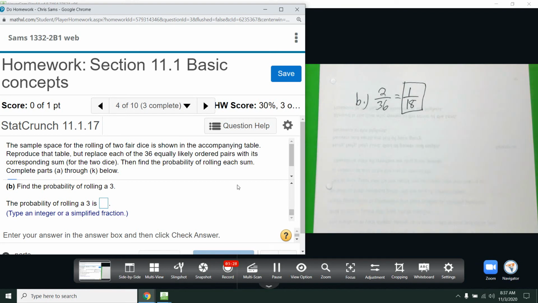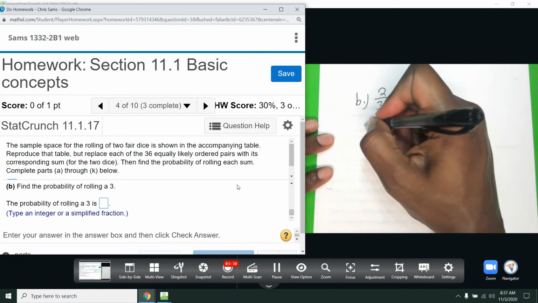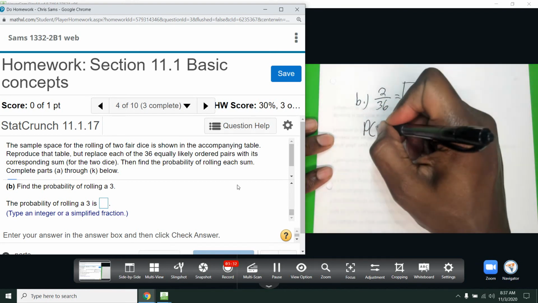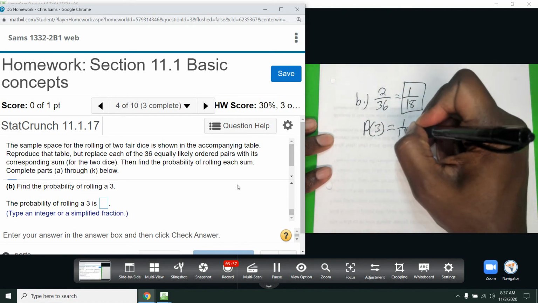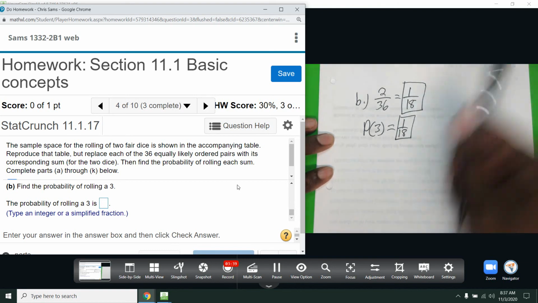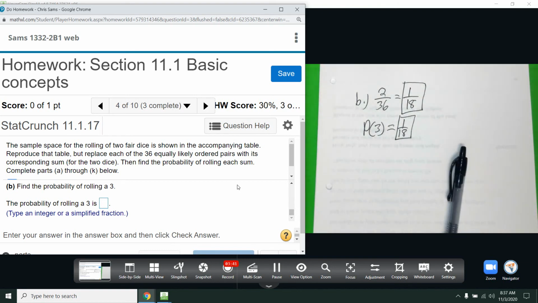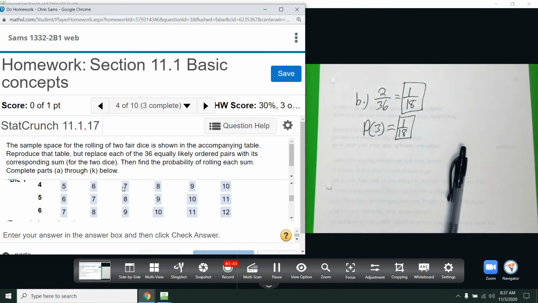I could have written probability of 3, so we know what we're looking at is 1 out of 18. This helps us remember what we were trying to find based on this table here.